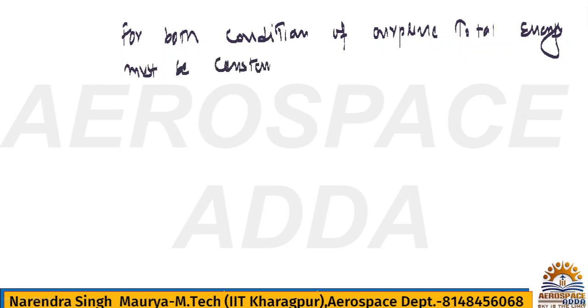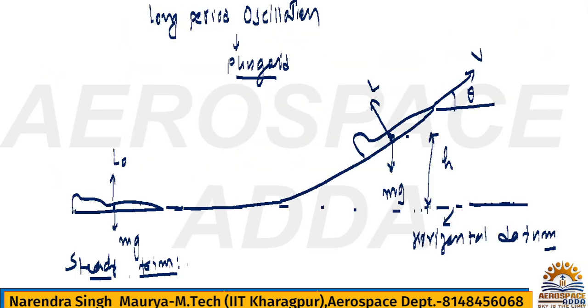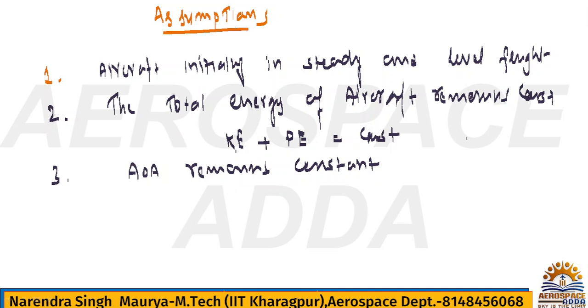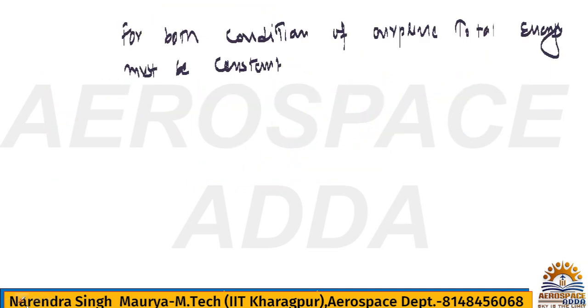Meaning, the energy at point 1, here I mentioned this is point 1 and this is point 2. So in both points the total energy must be constant.